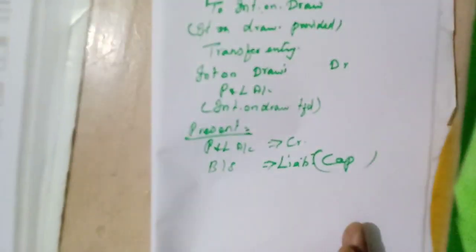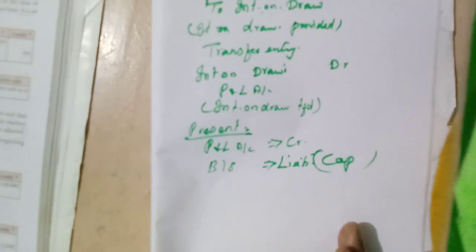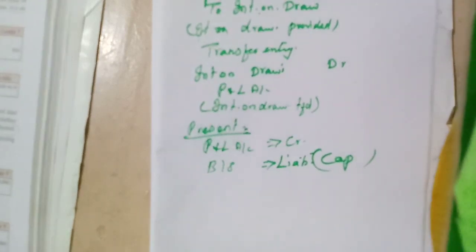Okay, so only two adjustments we have seen today, so you have to learn correctly. So hereafter we are going to complete many exercises. Around half of the things we have completed. Okay students, thank you very much.